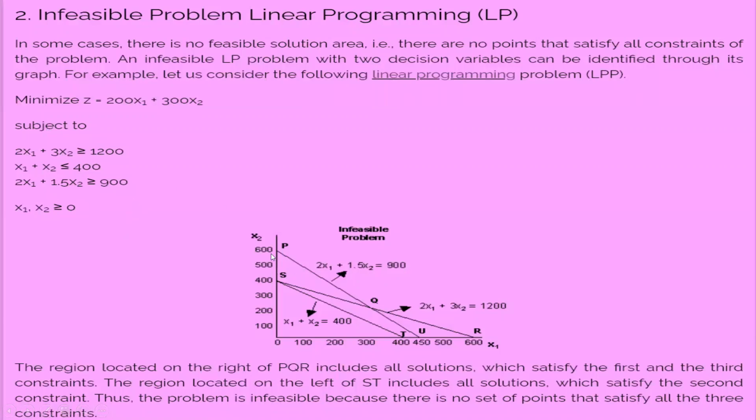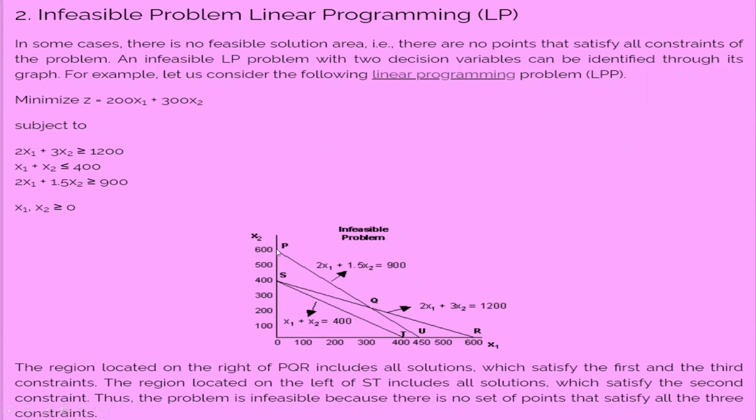After plotting each constraint on the graph, now the first constraint, 2x1 plus 3x2 is greater than or equal to 1200, means the feasible region will be above, on the right hand side of the line. The region located to the right of PQR.